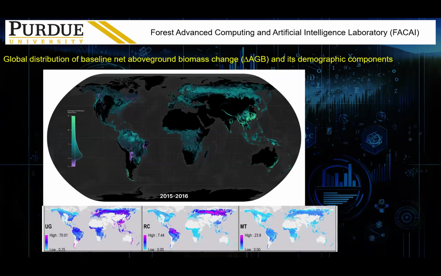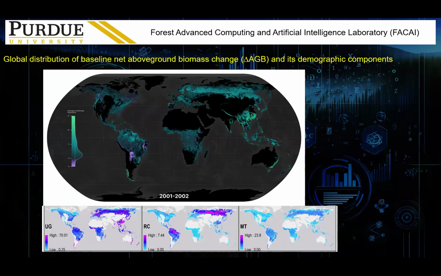And then the other thing I'd like to highlight is that because the matrix model has quantified upgrowth rate, recruitment, and mortality, at the same time we can also decompose the above ground biomass change rate into those three key components: above ground upgrowth, recruitment, and mortality.